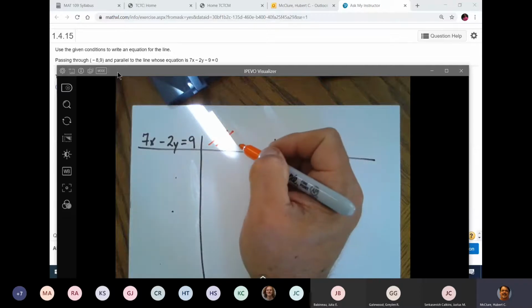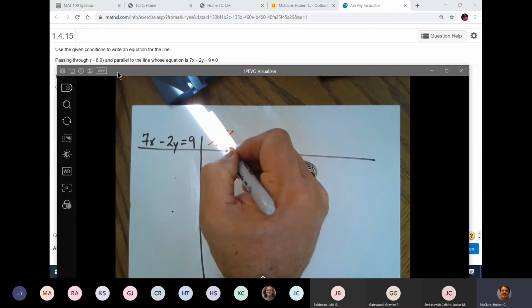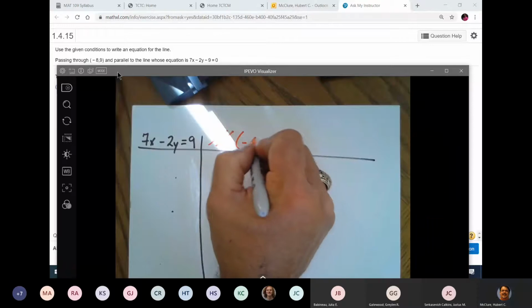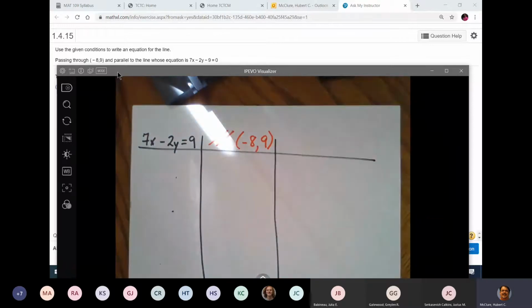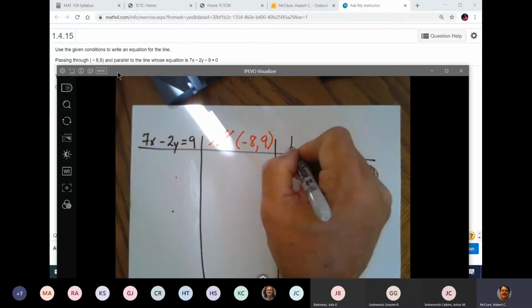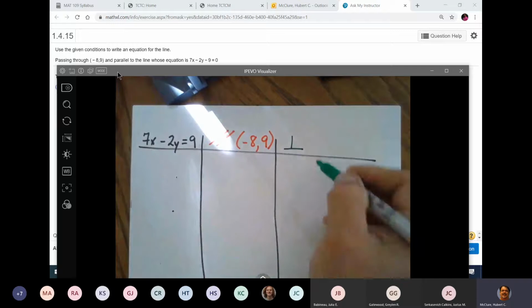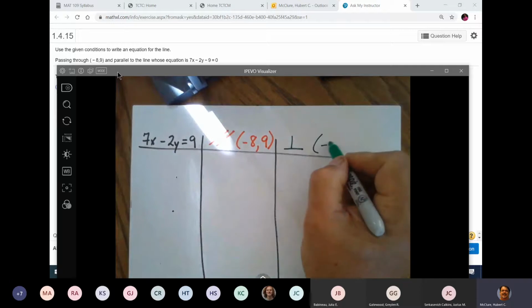I'm sorry about that. I'm going to have to go over there and fix that. And that is at -8, 9. And then we'll do a green color. Perpendicular, and that green is -8, 9.